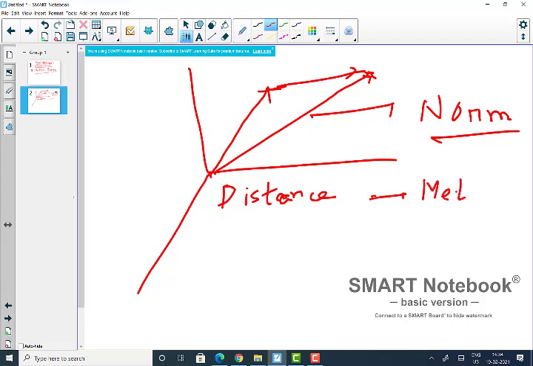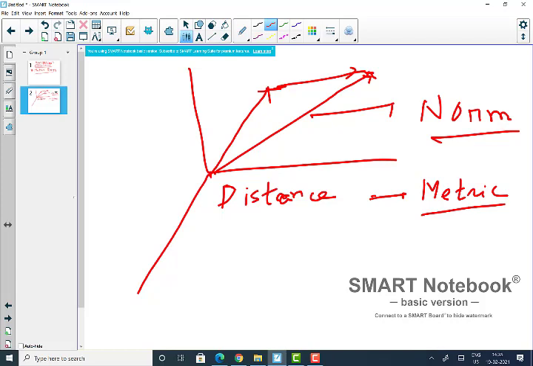So you can think of the metric as a more general idea of distance.